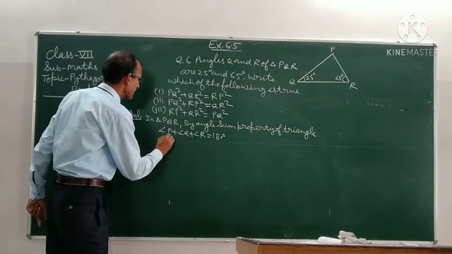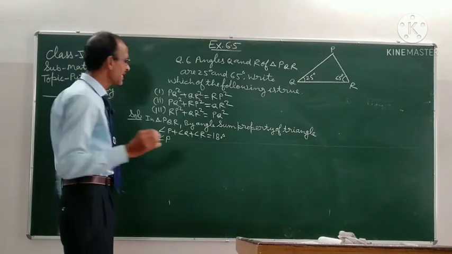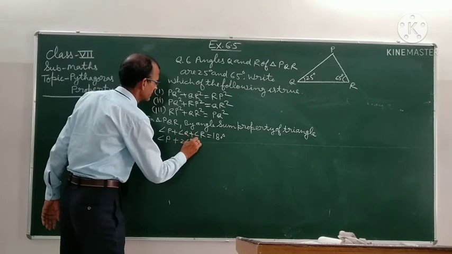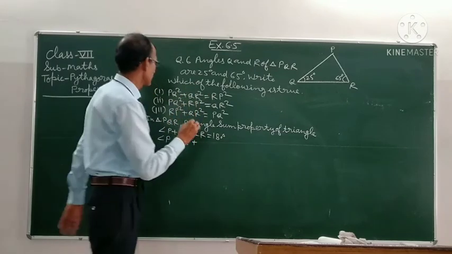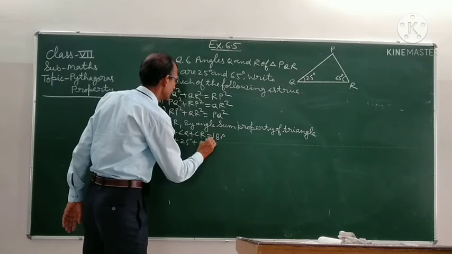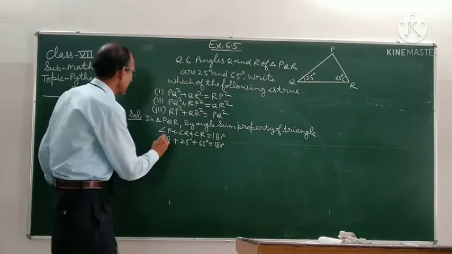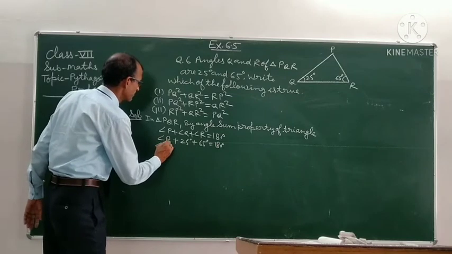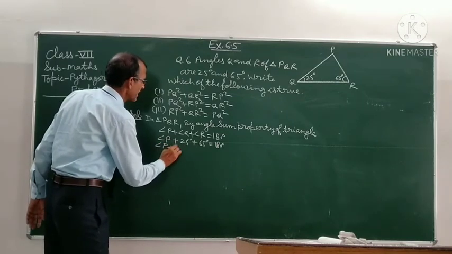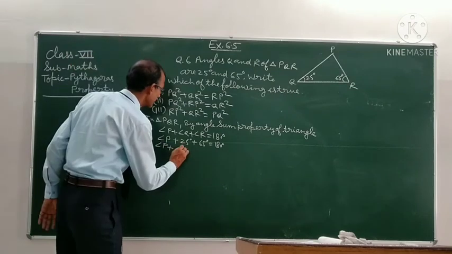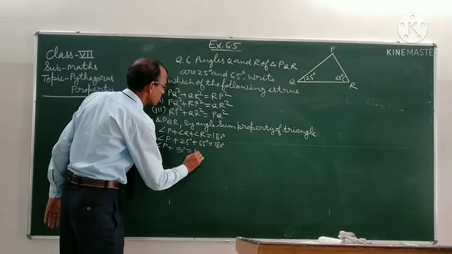Here angle P is unknown. Angle Q is given 25 degree and angle R is given 65 degree. Angle P plus 25 plus 65, we will get 90 degree, is equal to 180 degree.